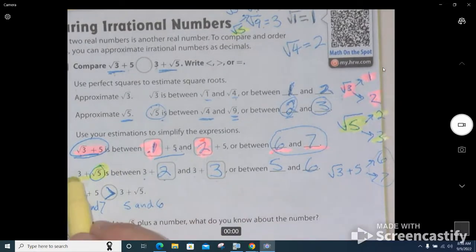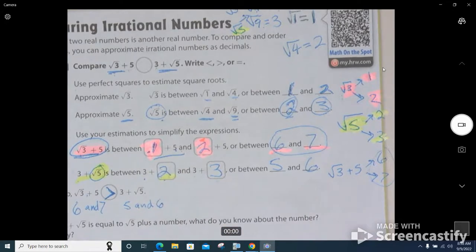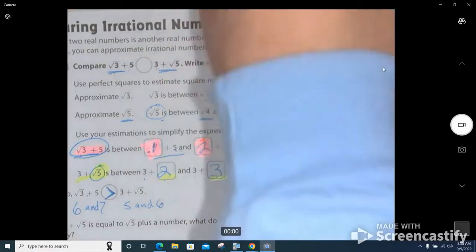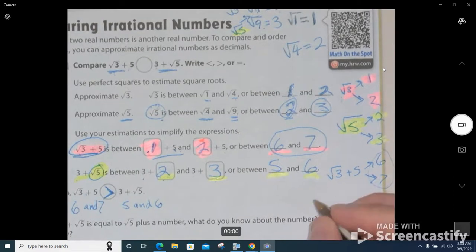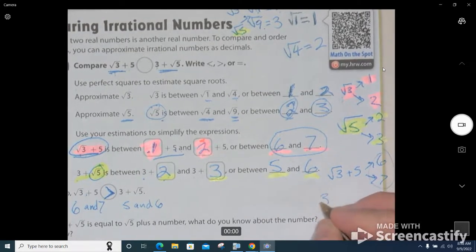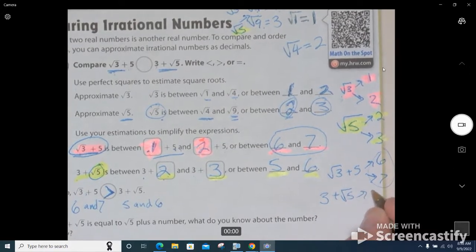So that means instead of saying 3 plus the square root of 5, we could say 3 plus 2, or 3 plus 3, which gives us between 5 and 6. In other words, 3 plus the square root of 5 lives between 5 and 6.